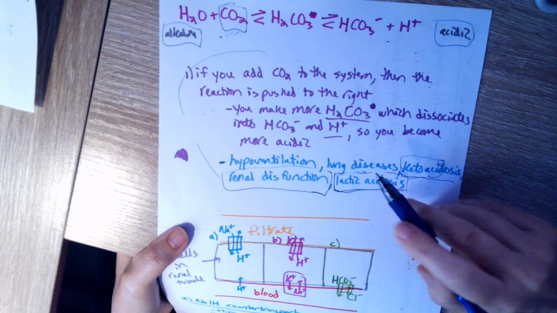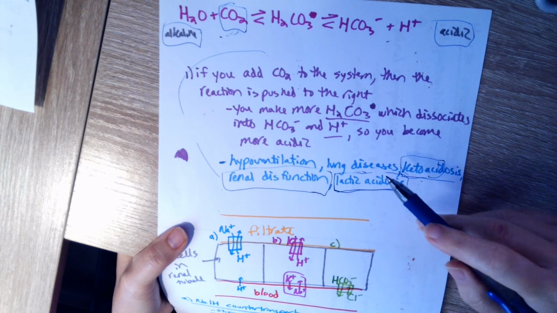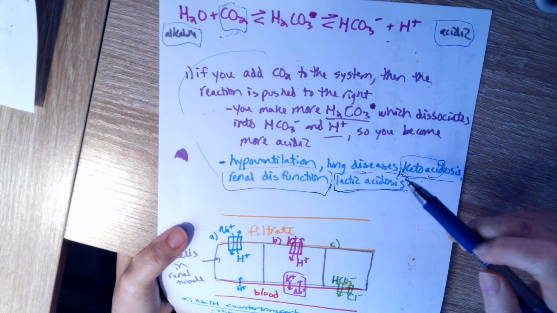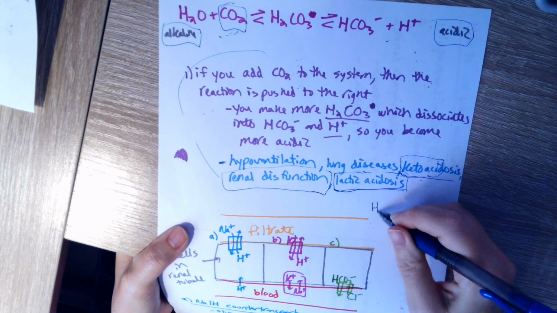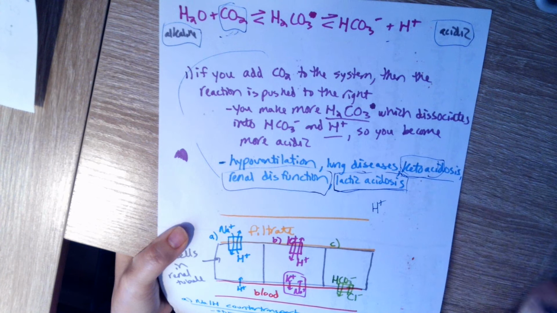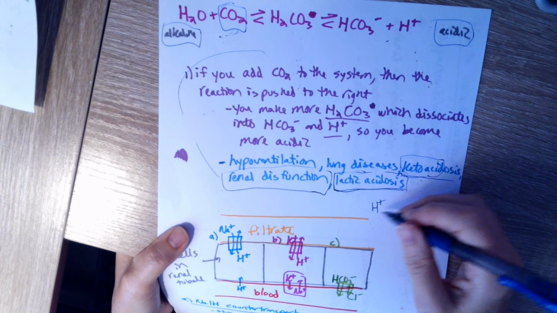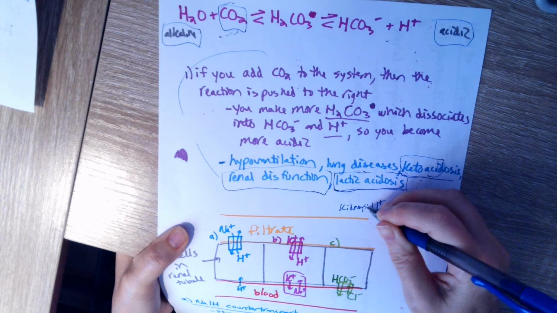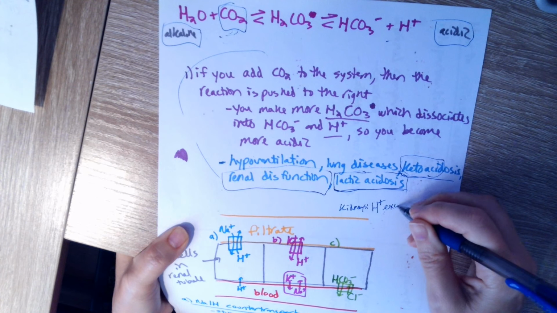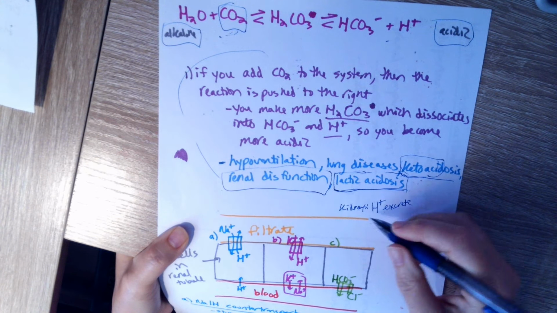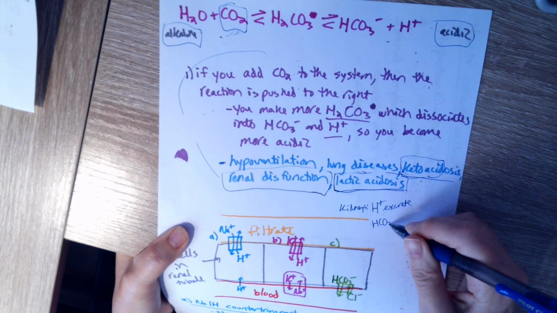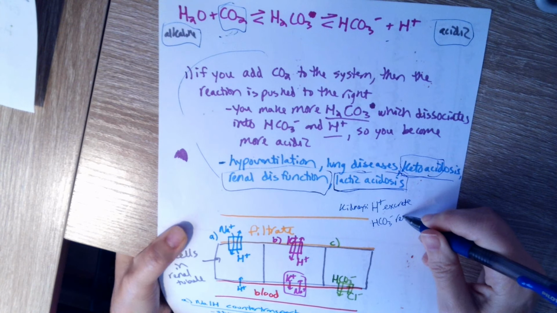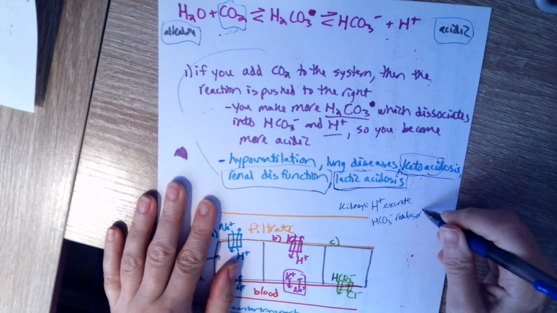So any sort of situation with your kidneys where you're having any kind of difficulty with excreting hydrogen. So normally your kidneys are going to excrete hydrogen, and for bicarbonate, they want to reabsorb the bicarbonate.